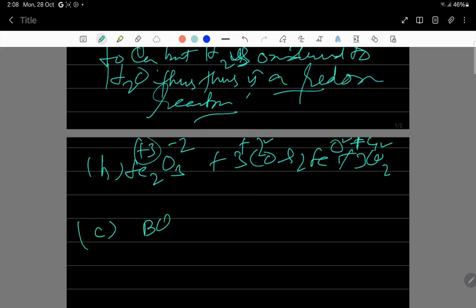Then BCl3 plus lithium aluminium hydride.